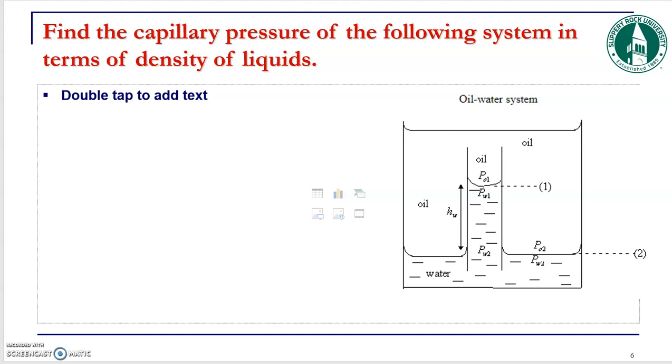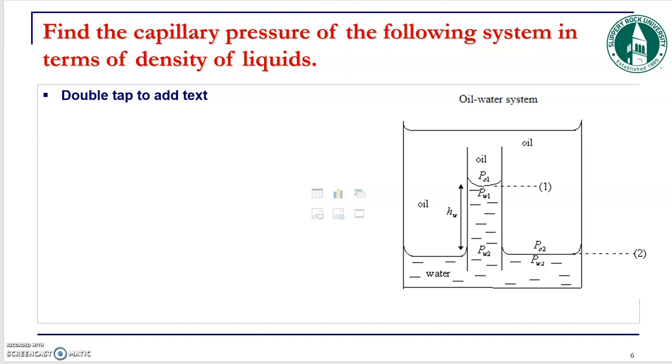All right, so let's look at what we have here. A couple of equations we can find by looking at this graph. The first one is that this is the oil water system, of course. The pressure here, which is PO2, and the pressure here, which is PW2, these two pressures are equal to each other.